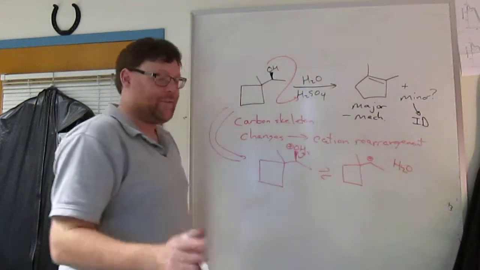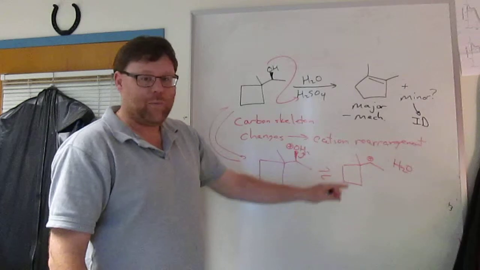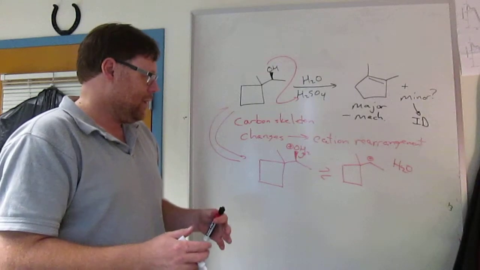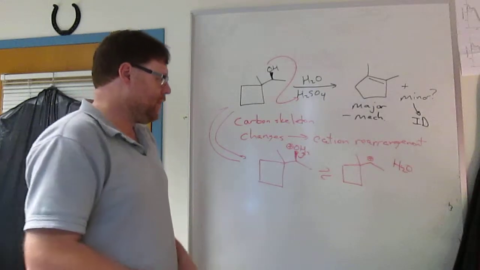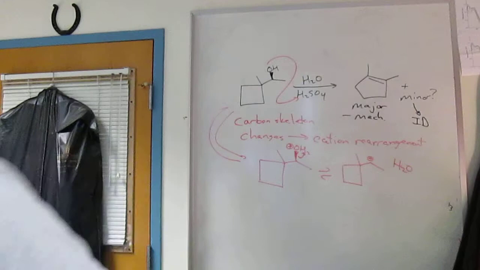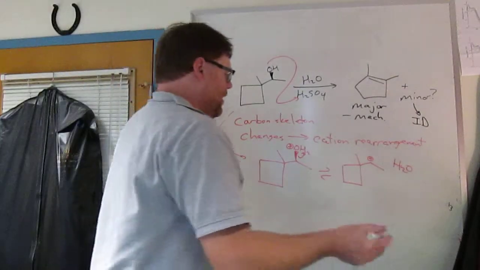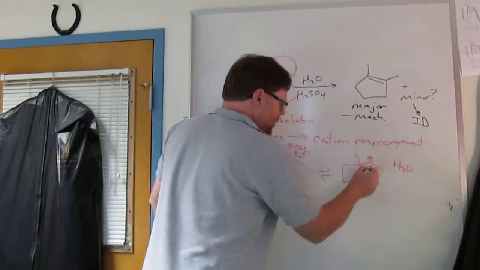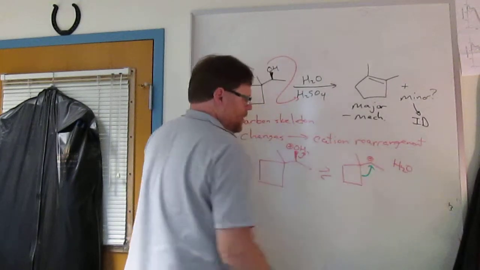And now here's the clever bit. We have a 4-membered ring, so you should remember from the first couple of chapters that 4-membered rings have significant ring strain to them. And so you can have an alkyl group migration under which we can expand the ring. So this carbon can move to the carbocation.